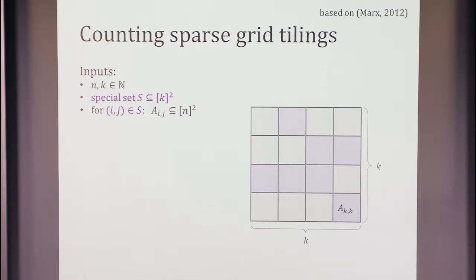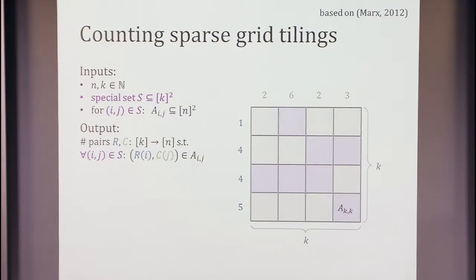And what you're interested in is the number of labelings of the rows and the columns of that grid, such that at each special cell, the row labeling and the column labeling taken together as a pair is contained in that set A_ij. So this would be a possible labeling of the columns.